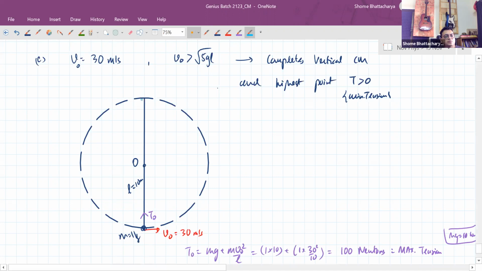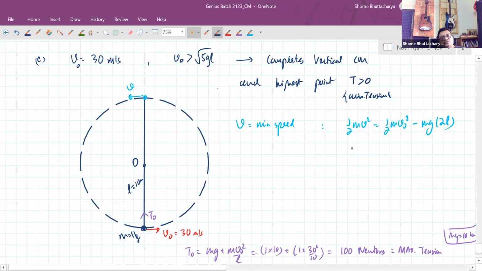Now, when it reaches the highest point, it has the minimum speed. This vertical height it has climbed is 2a.